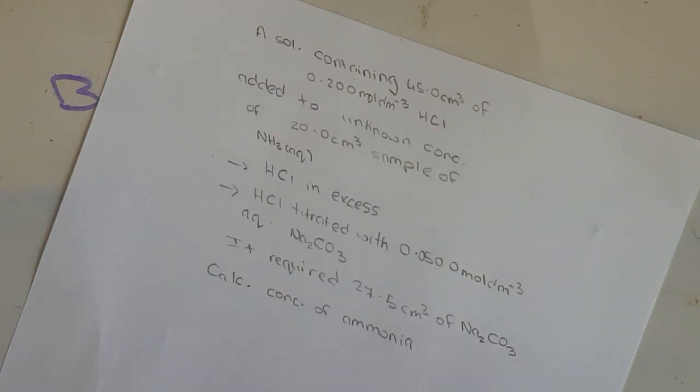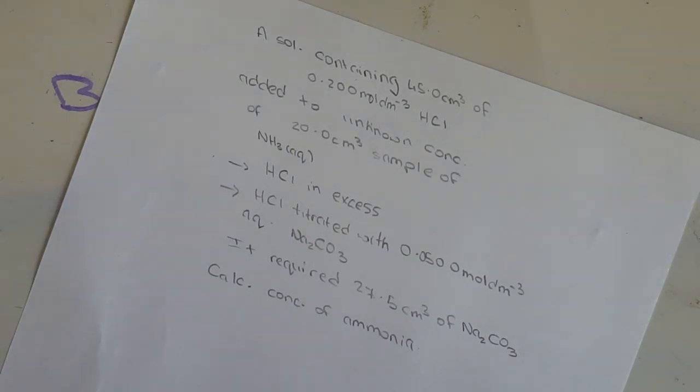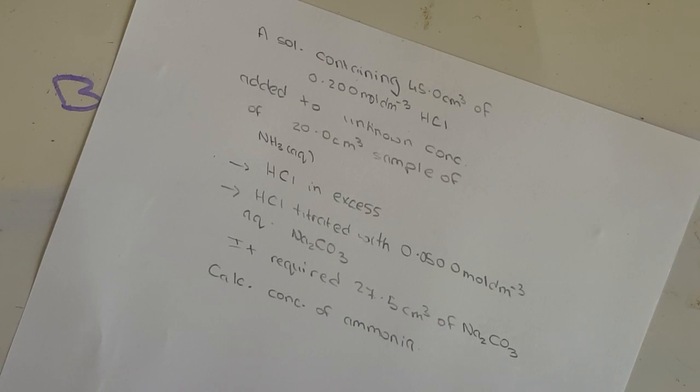The hydrochloric acid in excess is then titrated with 0.0500 mol/dm³ aqueous solution of sodium carbonate, and it required 27.5 cm³ of sodium carbonate in order to neutralize the hydrochloric acid. Using this information, calculate the concentration of ammonia.